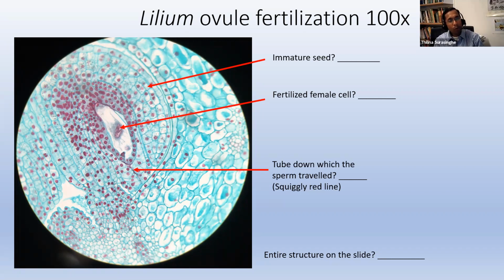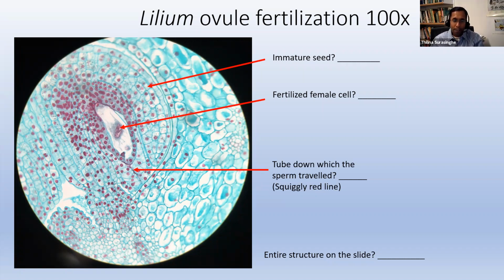And the tube down which the sperm travels, what do you call that? Remember what happens over there, right? What makes that tube? The pollen grain makes that tube. The pollen grain is still on top of the stigma, it sends something through the style, right?